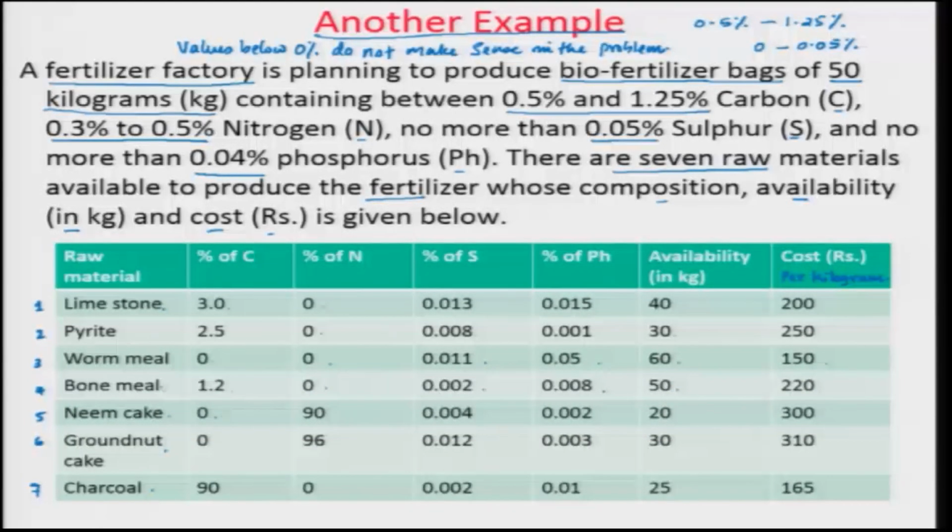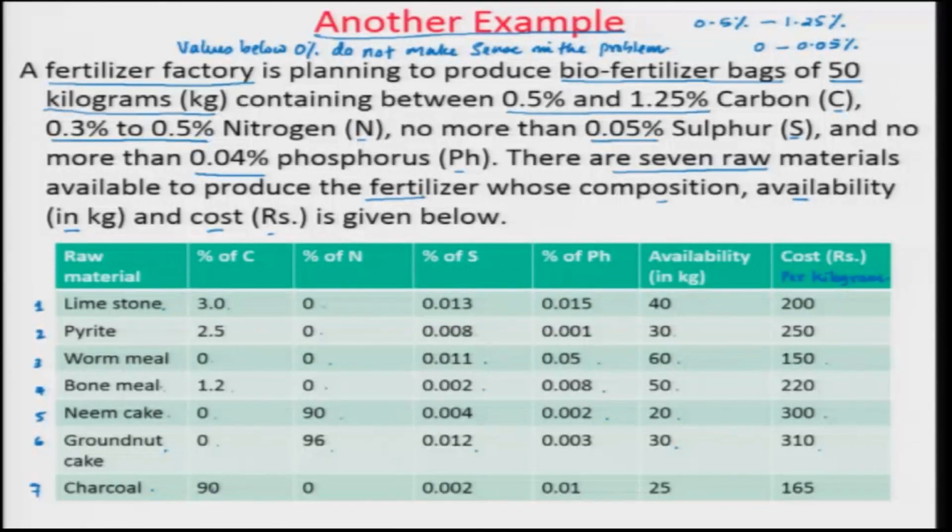Neem cake has 0% carbon, 90% of nitrogen, 0.004% of sulfur, 0.002% of phosphorus, 20 kilograms of it is available and the cost is 300 rupees per kilogram. Then groundnut cake, same way, 0% carbon, 96% of nitrogen, 0.012% of sulfur, 0.003% of phosphorus, 30 kilograms of it is available at 310 rupees per kilogram.